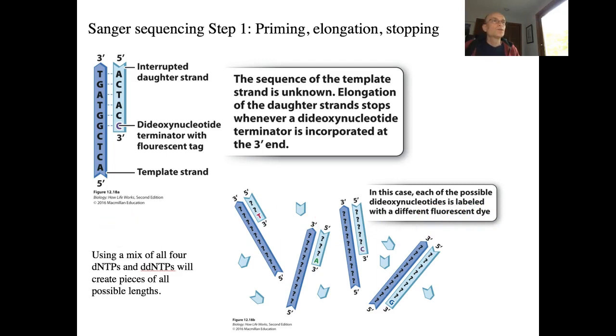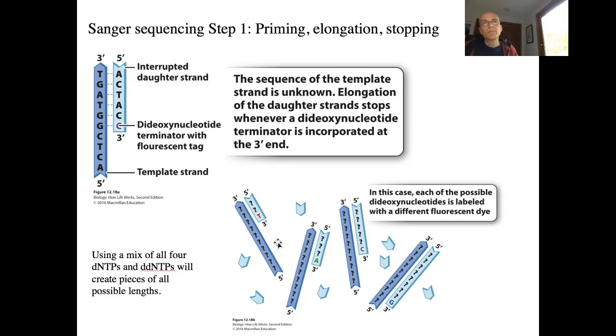Okay, so then in the second step, now you have a whole mixture. So this is just to show you how that ends right at the end. But if you have a mix of all four dNTPs and ddNTPs, then you will create all sizes of all strands, because in most cases the enzyme will pick the dNTP and it will just simply elongate the strand.